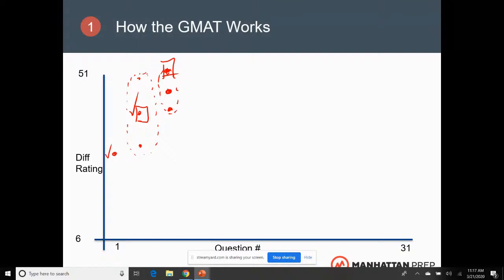And it is also trying to find a level of difficulty where you get questions correct just slightly more than half the time. The scoring algorithm functions best when the accuracy rating for the test taker is 60%, maybe 55%, 55 to 60% correct, 40 to 45% wrong.